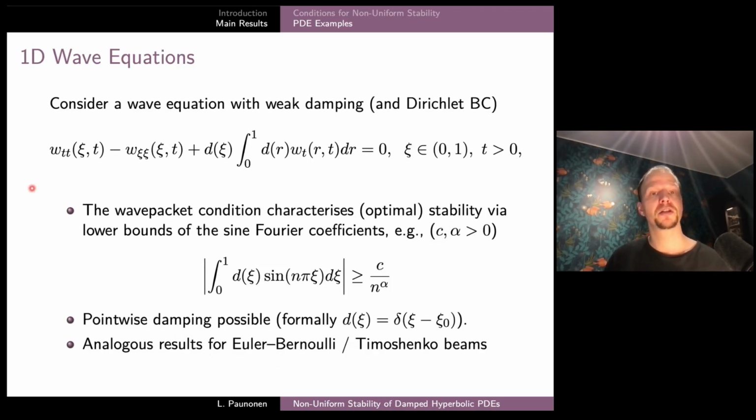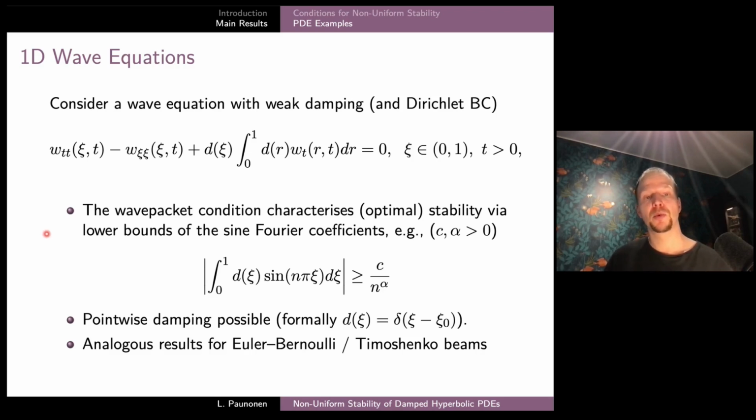And in addition, we can of course apply our results for one-dimensional wave equations. And in this situation, viscous damping always leads to exponential stability, but there are also other forms of damping. And especially this kind of a non-local average type of damping can be studied very conveniently using our Wavepacket condition.